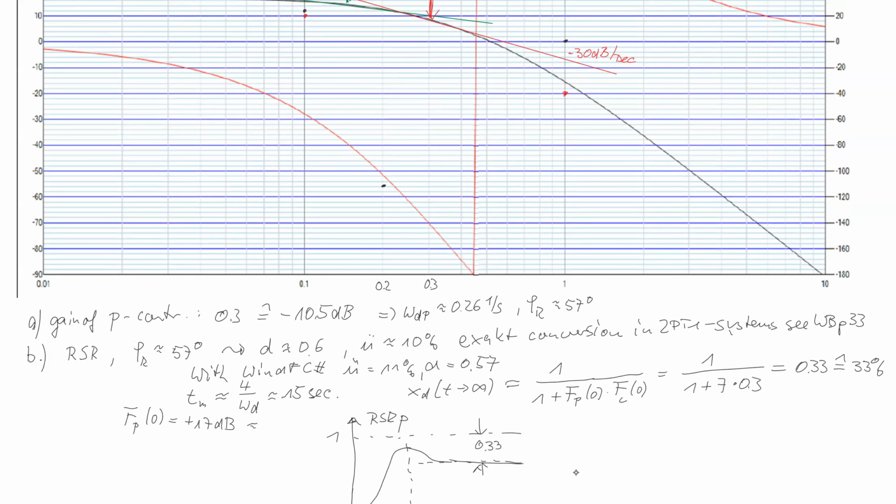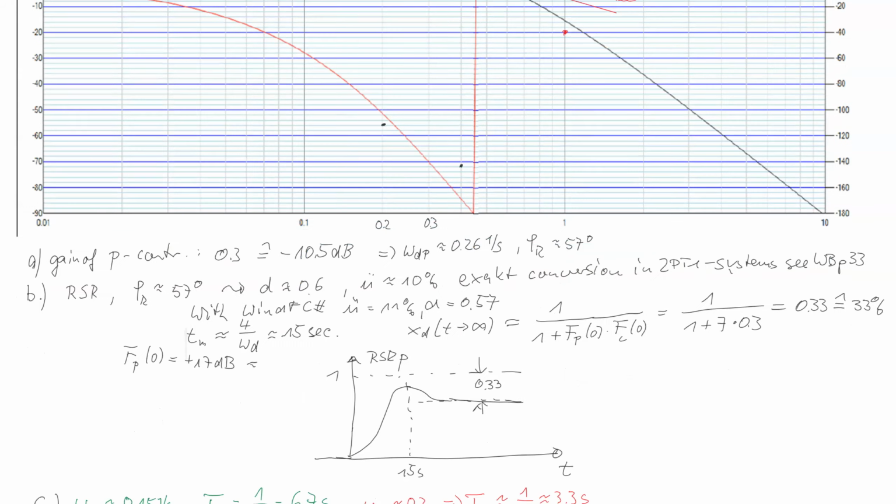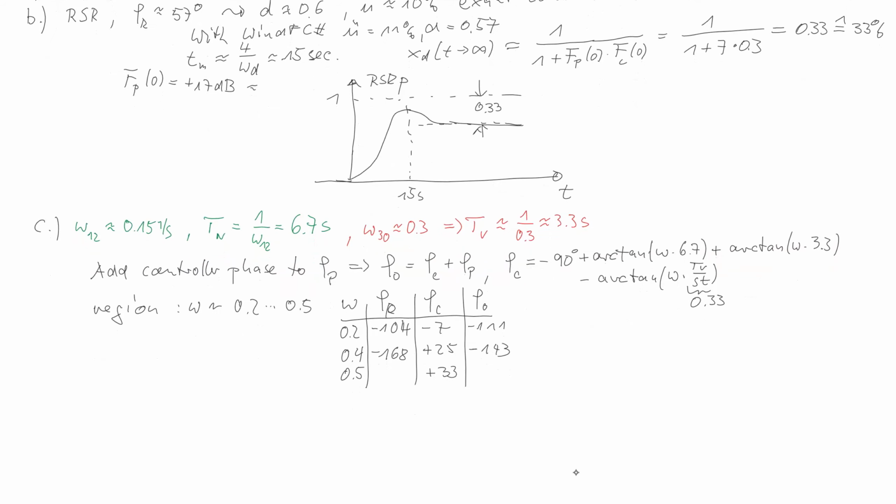So it could be a good idea to calculate a value around 0.3, where phi c is very good, negative 140.